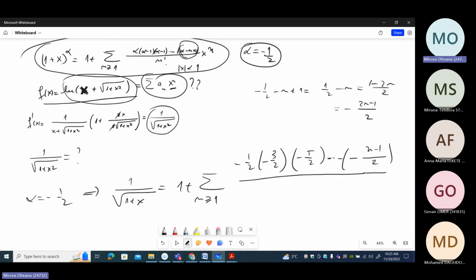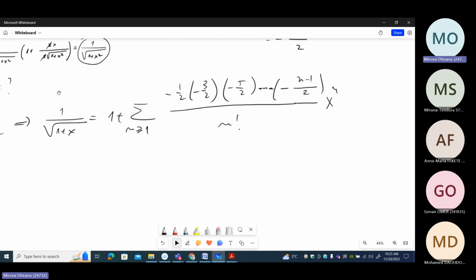Here there are dots, over n factorial times x at n. Of course, the formula is valid, and that's very important, if and only if modulo of x is strictly less than 1.